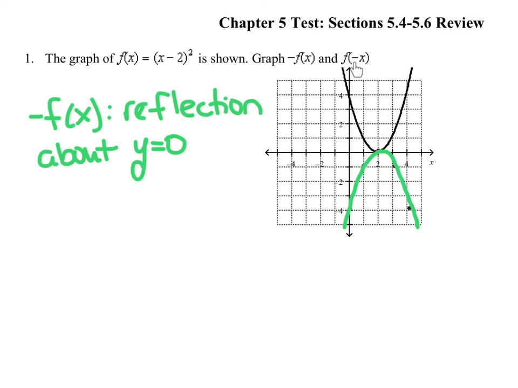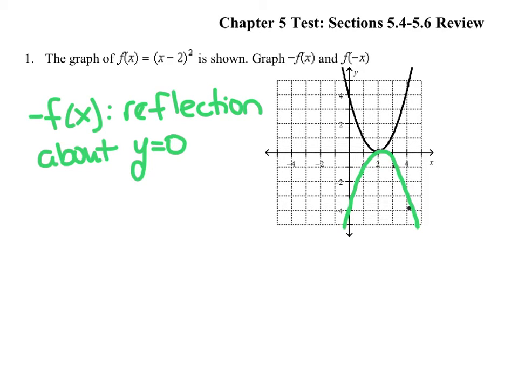If the negative is on the inside, then we reflect over the x equals 0 line, or the y-axis, which means now this graph would go over to this side. So this point right here, since it's 1, 2, 3, 4 units to the right, I would reflect it 4 units to the left, and it would go onto that spot right there.